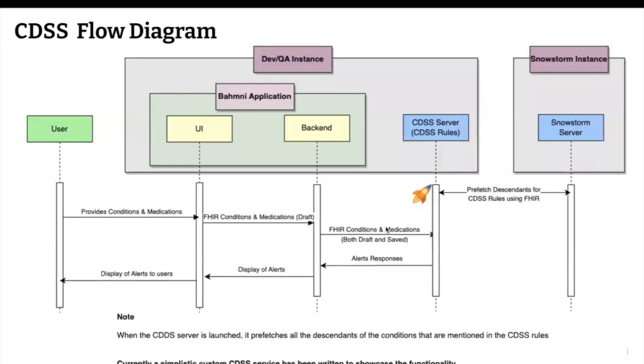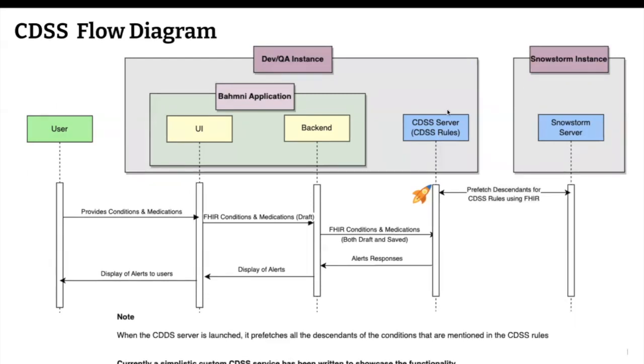In this diagram, we can see that there are dev and QA instances, which house the Bahmni application and the CDSS engine, which contains the CDSS rules. The other instance that we have is the Snowstorm instance, which houses the SNOMED clinical terminologies.